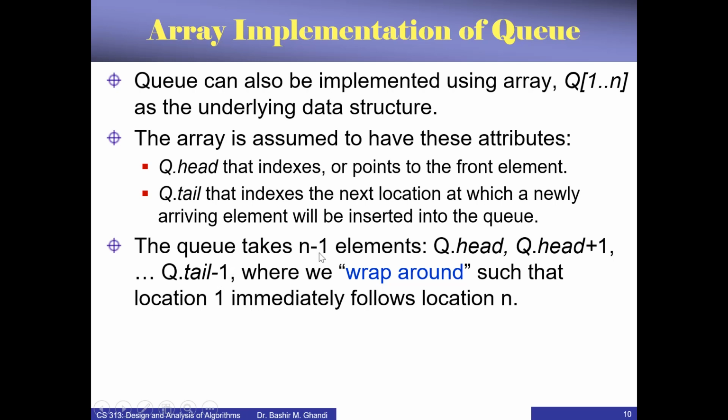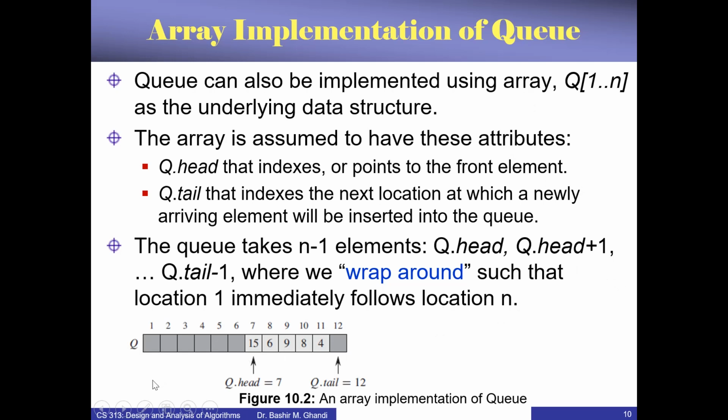And we're going to assume, as we learned in the data structure, that the array being used here to implement the queue wraps around as if it is circular. Therefore, location number 1 immediately follows location number n. So when you reach n, you cycle back to 1.